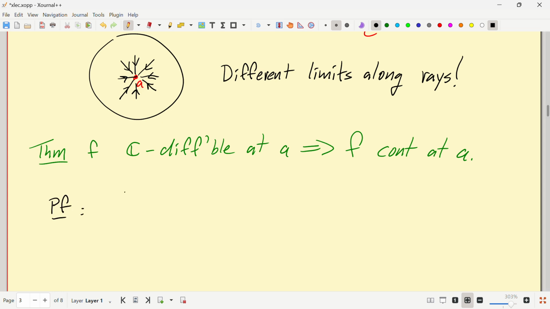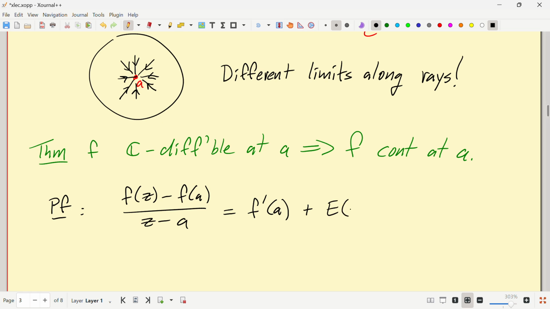So let's see. We know that the difference quotient, f of z minus f of a over z minus a, in the limit is going to be f prime of a. So that would be equal to that plus something small, plus an error, e of z, where e of z tends to 0 as z tends to a.